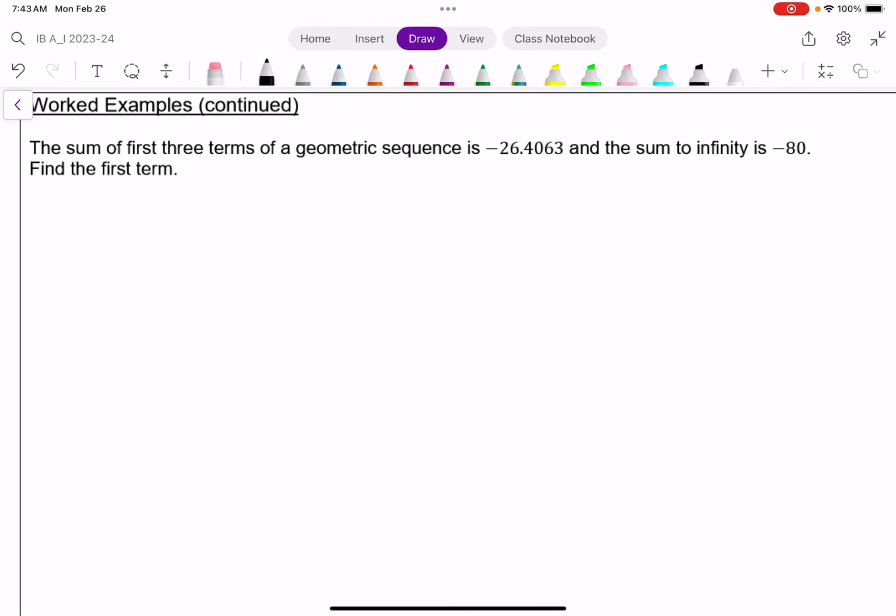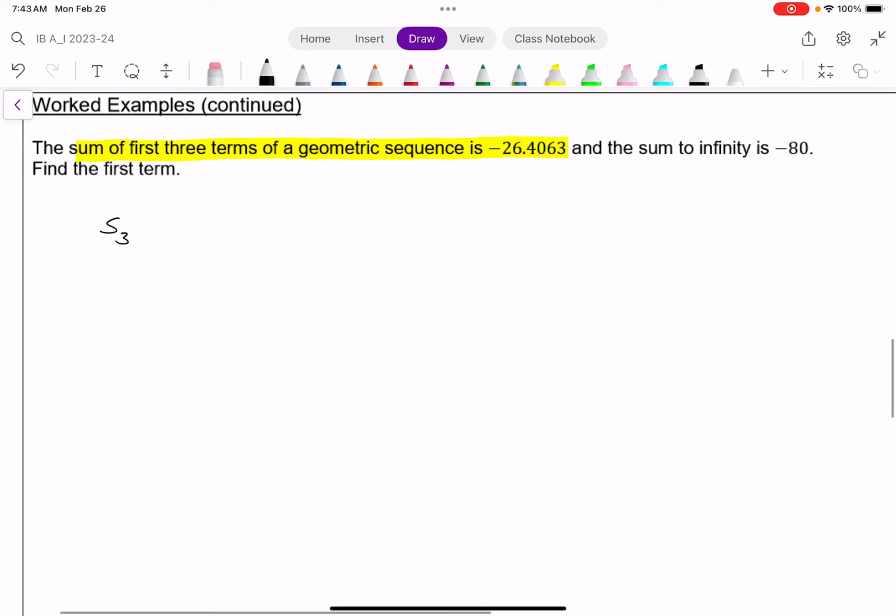Okay, so for this question, I give us a couple facts about a geometric sequence. The sum of the first three terms is not the most pleasant number, negative 26.4063. Keep in mind the sum of any geometric sequence we can figure out by going the first term times 1 minus r to the power of the number of terms, in this case the power of 3, divided by 1 minus r.